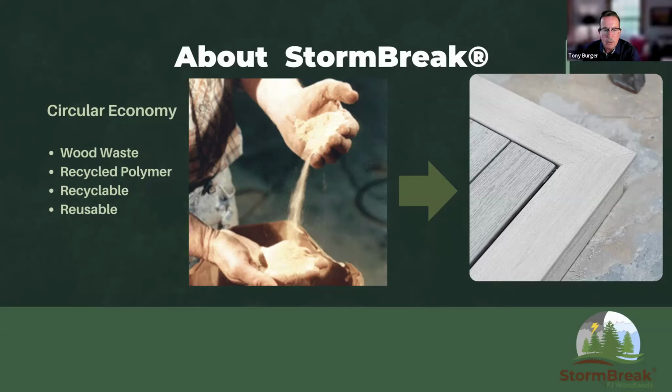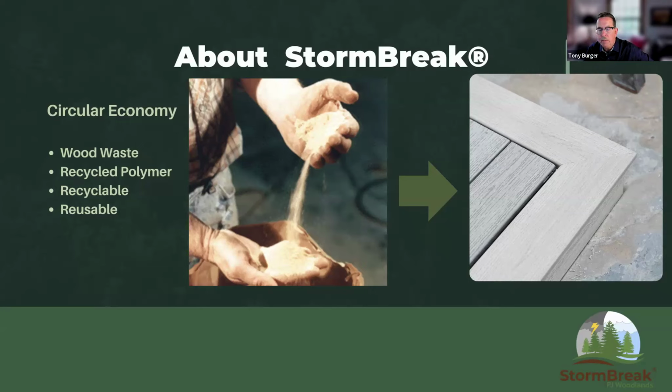I just want to point out, Al, that our product is both recyclable and reusable. So as I mentioned earlier, when we have waste, we are able to regranulate our material and reintroduce it back into the extrusion process. Companies that make cap products, if they have waste with those products, they can't be separated, and so they're not reusable and they're not recyclable.